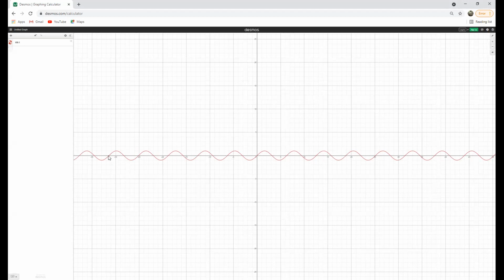How many zeros do we have? These are all zeros of the sine function. How many can be counted? There are infinitely many. There are a lot of x-intercepts. There are a lot of zeros. All of these are zeros, x-intercepts.